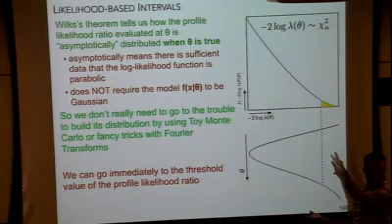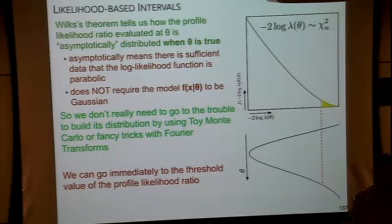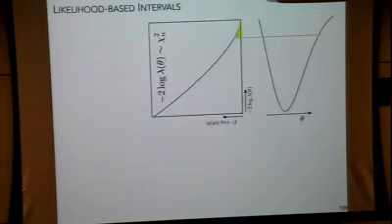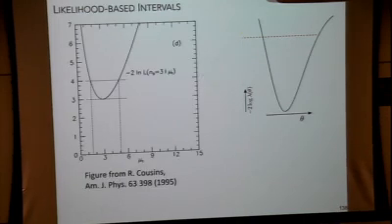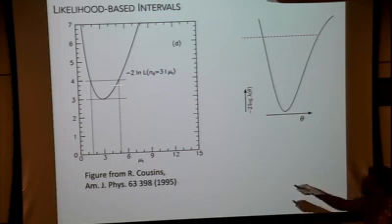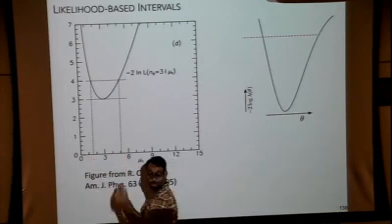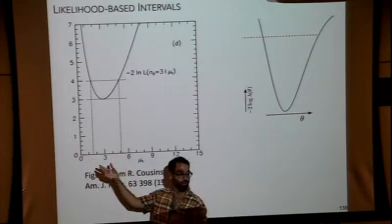Just turn sideways, forget about Wilks theorem, and that's kind of where we started. This is what people do all the time. You get a log likelihood curve, you find the minimum of it, you go up by a certain amount, and then the region between that threshold, here and here, is your uncertainty.